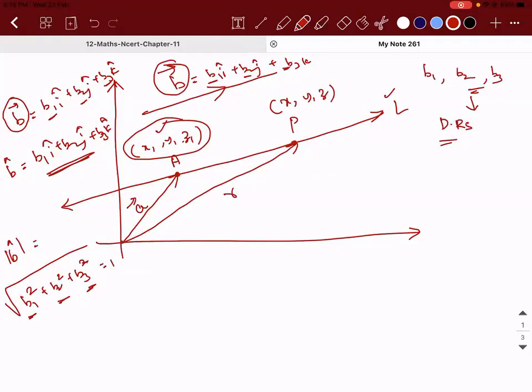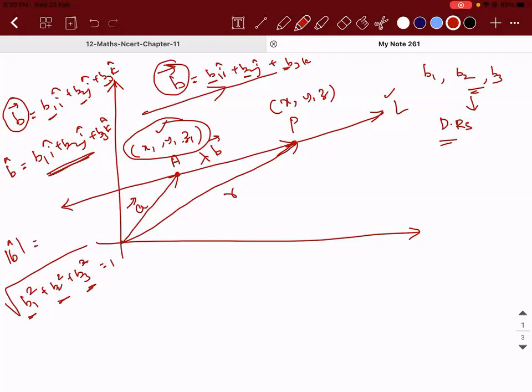Then AP will form a vector. Can I call it AP vector? Yes, sir. Right. So how can I write AP vector in terms of b vector? Tell me. Can I write OP vector minus OA vector? Can I say AP vector is lambda times b vector?